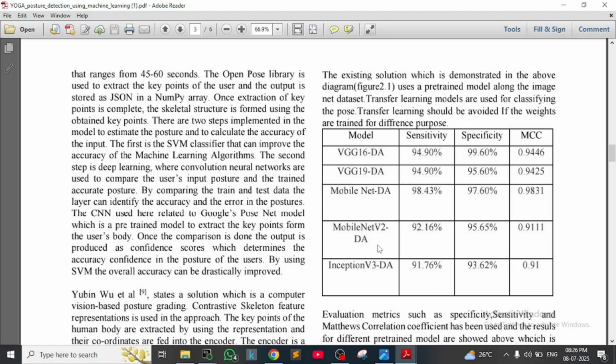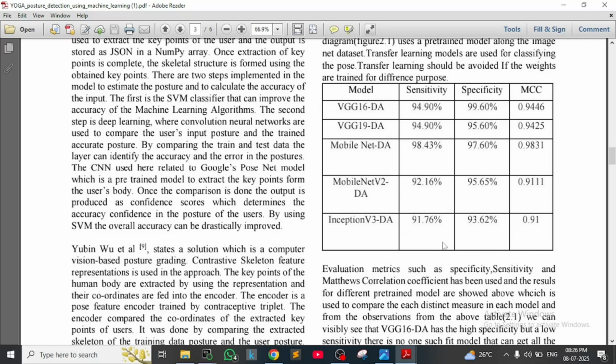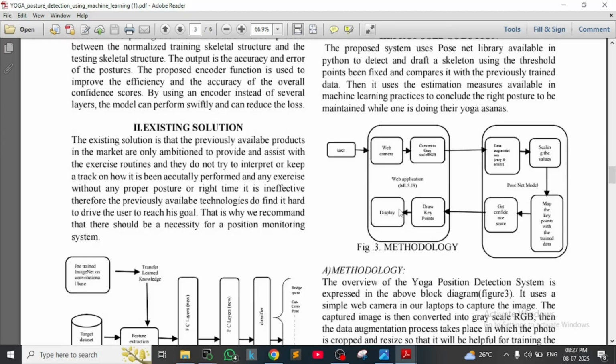MobileNet V2 DA for this sensitivity is 92.16%, specificity is 95.65%, and MCC is 0.911. Last, Inception V3 DA 91.76% sensitivity, 93.62% specificity, and MCC is 0.91.